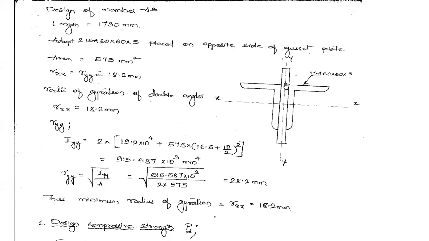So I want to know the moment of inertia about this y-y axis of the two angle sections. For that, I have applied the parallel axis theorem. What will be the moment of inertia here? It will be the moment of inertia about their own centroidal axis, IgG, plus area into yc square.